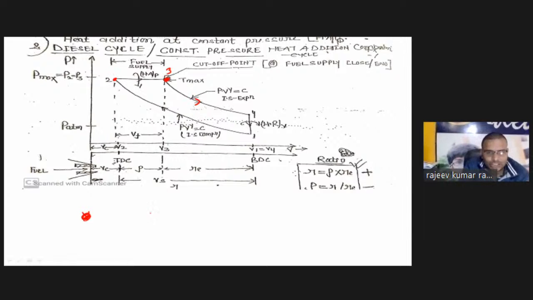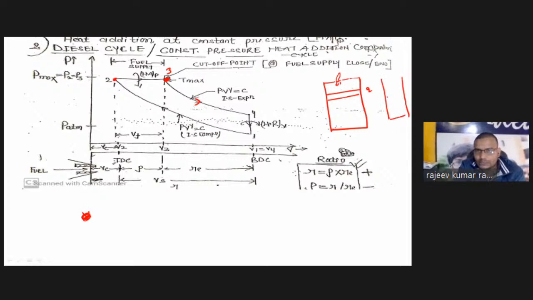So try to understand this one. How will this diagram be? This is your point 2, and let's assume a fuel injector is here. Fuel is going to spray here, and it will keep adding till the piston moves to point 3.